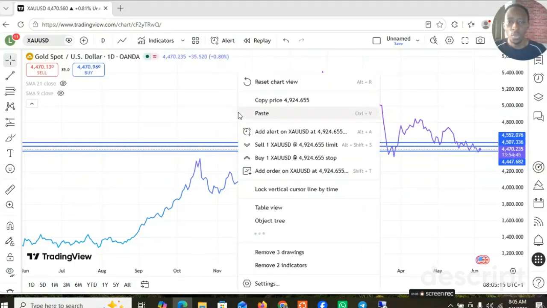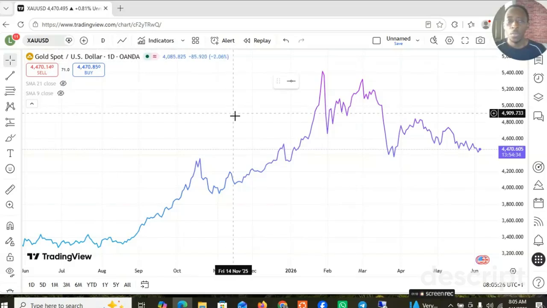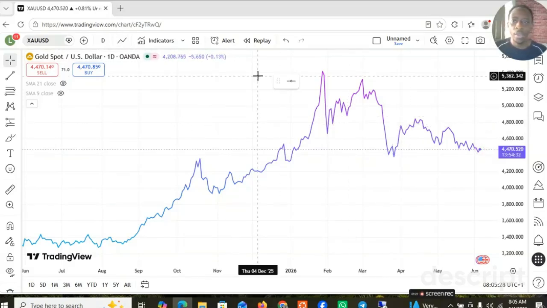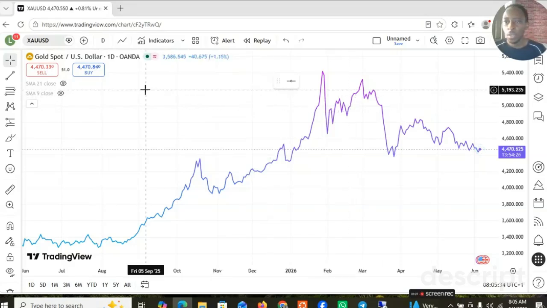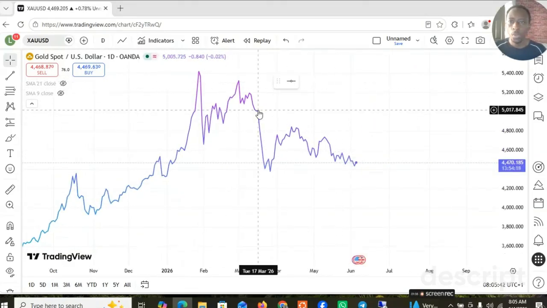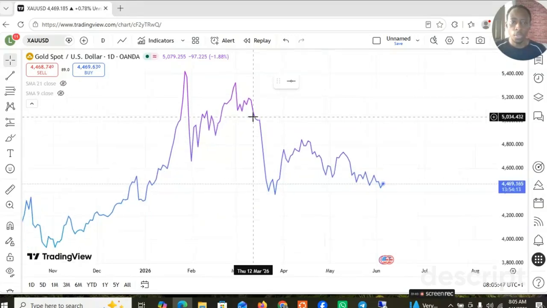Sorry, let me do away with all the drawings. So first, we take the most recent high and the most recent low on the daily chart. Let me zoom in a bit so we can see clearly what we are doing.